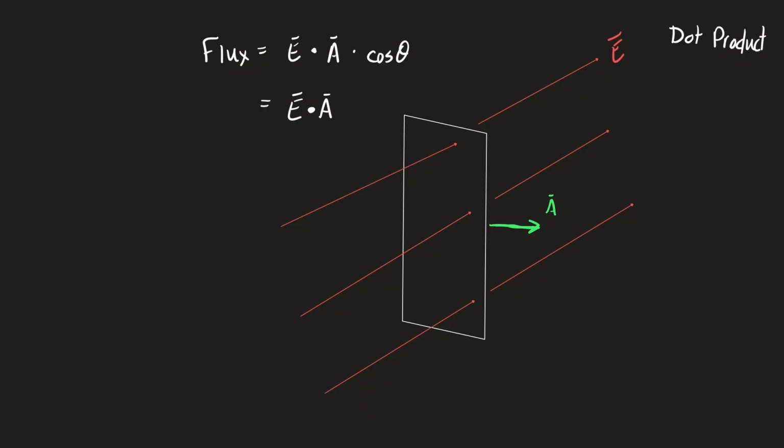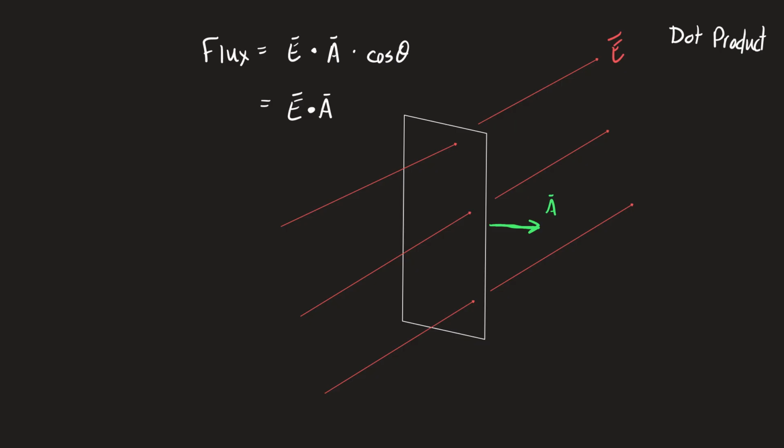There are two different kinds of vector products: one between two vectors that produces a scalar, and one that produces another vector. The dot product is the product of two vectors that produces a scalar. It tells you how much one vector is aligned with another.